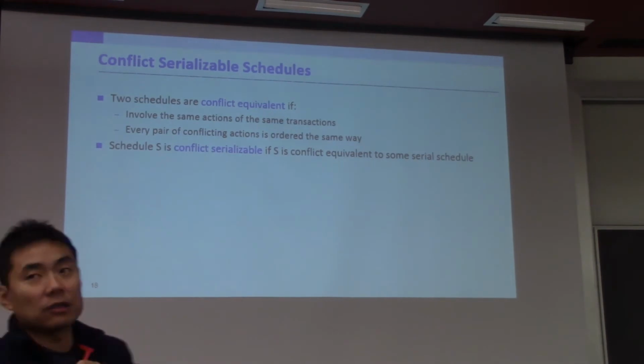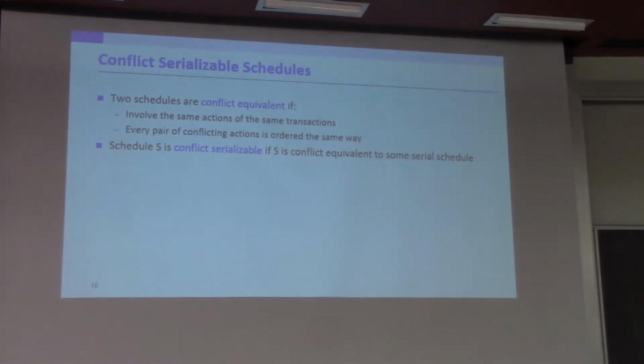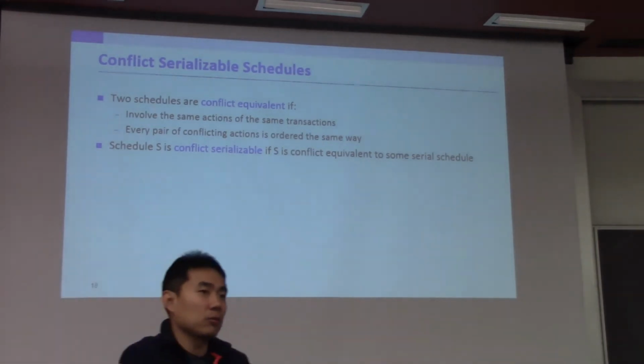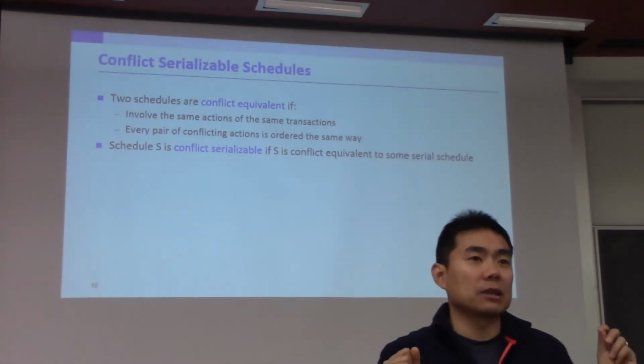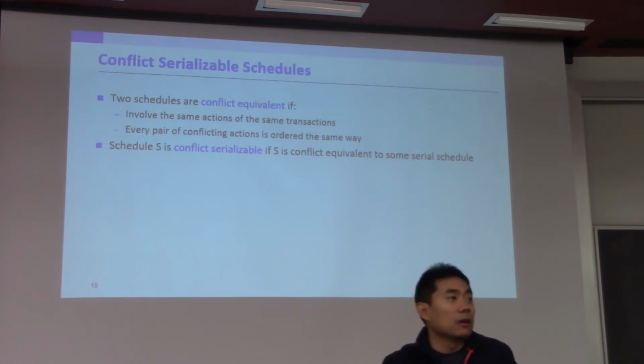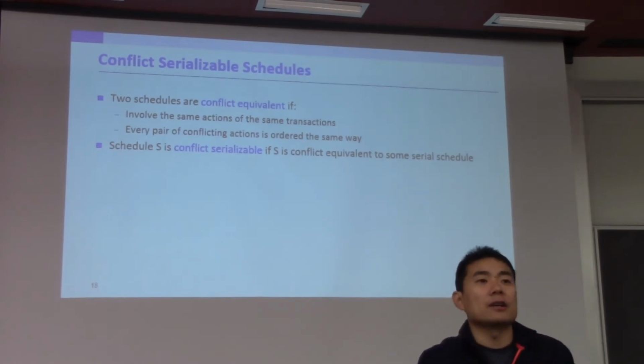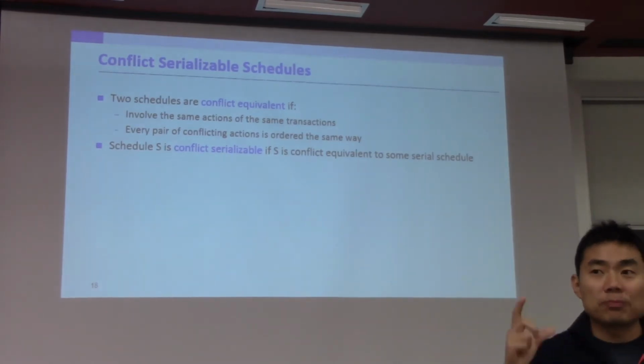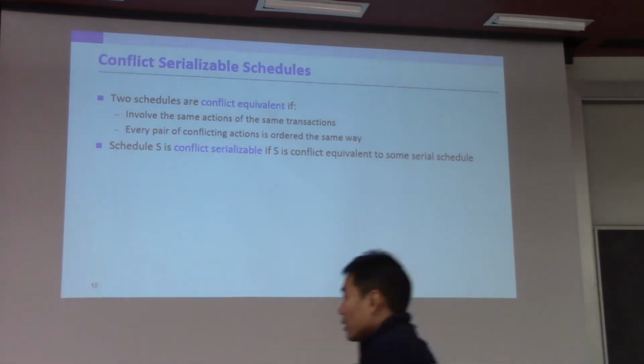That's all it says. Now, once you understand conflict equivalence, you should be able to understand the next concept, conflict serializable. Conflict serializable is a special kind of serializable schedule. It's a subset of serializable schedules.